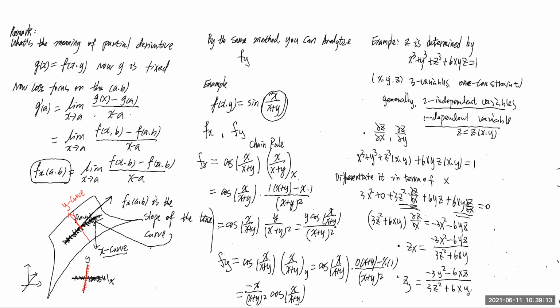Because you just replace all the x by y, and y by x, you get the answer. You may say, why do I jump there? You can compute it by yourself directly because the method is totally the same, right? You have to do some problems like this, otherwise, like I said, listening is not enough.